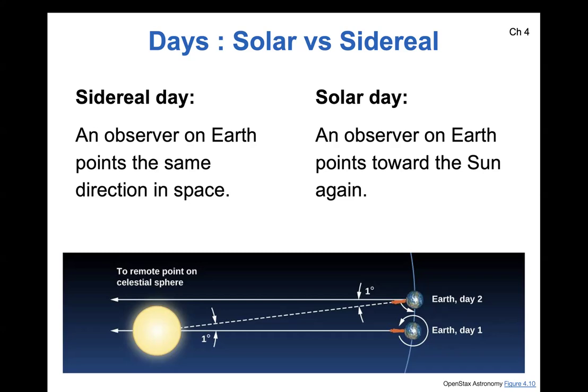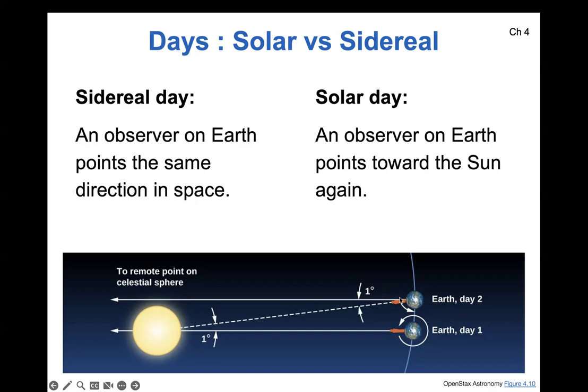Interestingly, that's not the day that we talk about most of the time. When we talk about a day, we do not mean a sidereal day. And a sidereal day does not have 24 hours. Instead, what people mean, including astronomers, when they refer to a day is a solar day. Because a solar day is the time it takes for an observer on Earth to point towards the sun again.